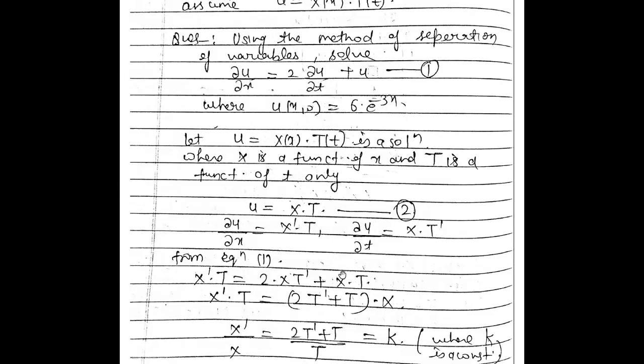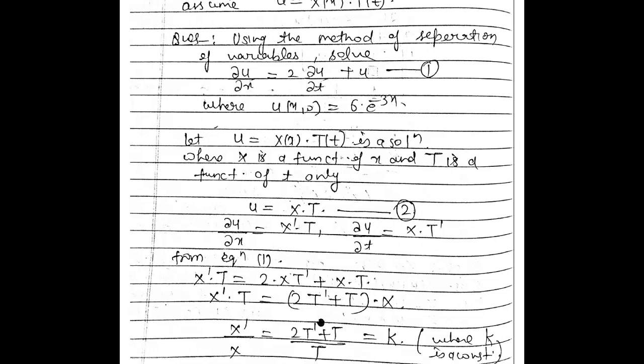Now two or three lines for the calculation. So X dash T is equal to X times (2T dash plus T), since X is common. Then separate these terms. Separation in the method of separation means the X variable will be on one side and the T variable on the other side.